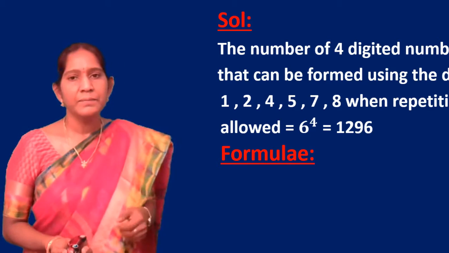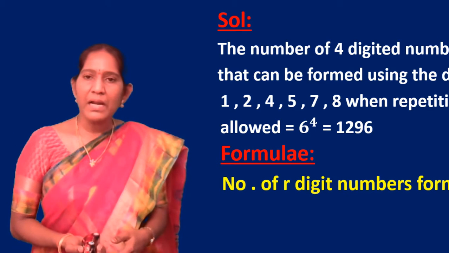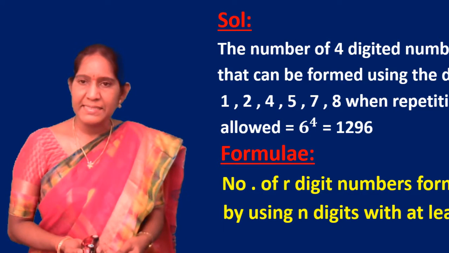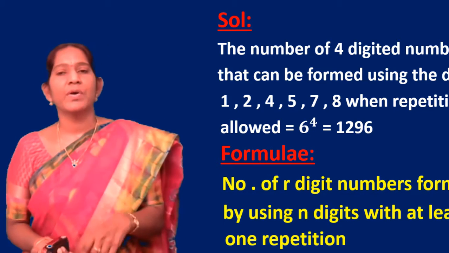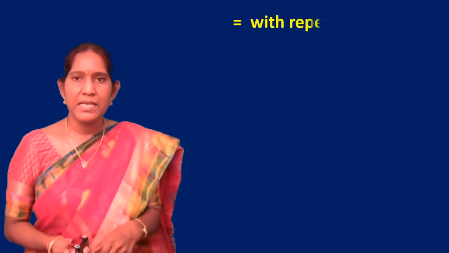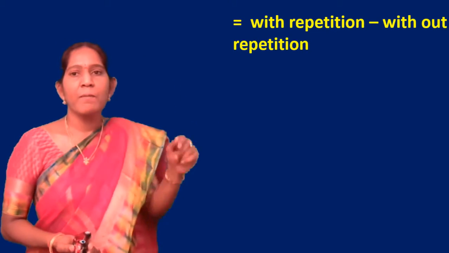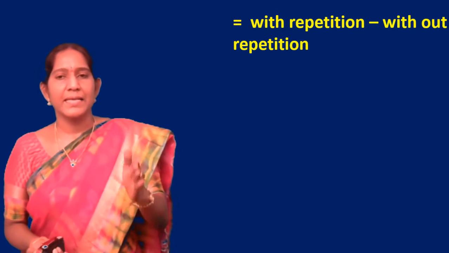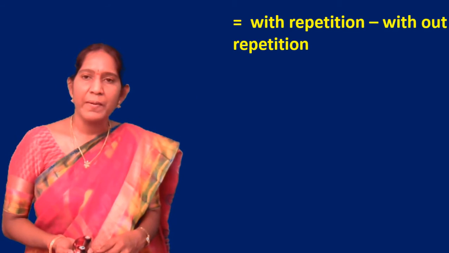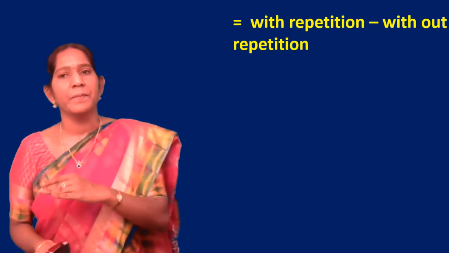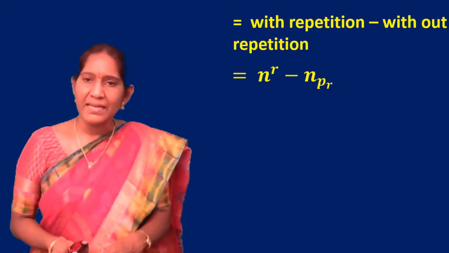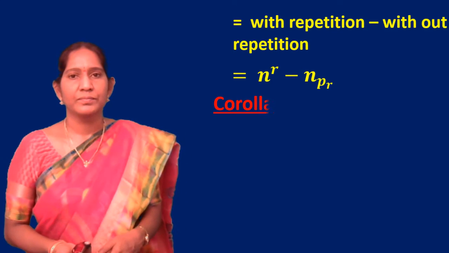See the formula. The number of odd-digit numbers formed by using n digits with at least one repetition is the odd-digit numbers formed by using n digits with repetition minus the odd-digit numbers formed by using n digits without repetition, that is equal to n to the power r minus nPr.